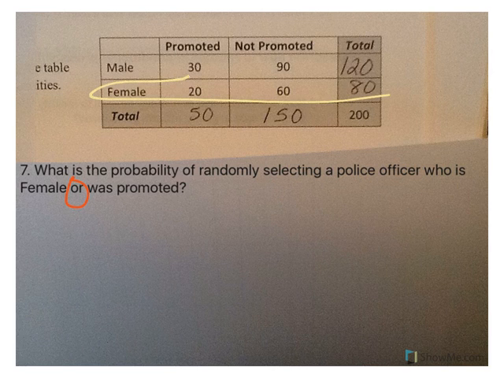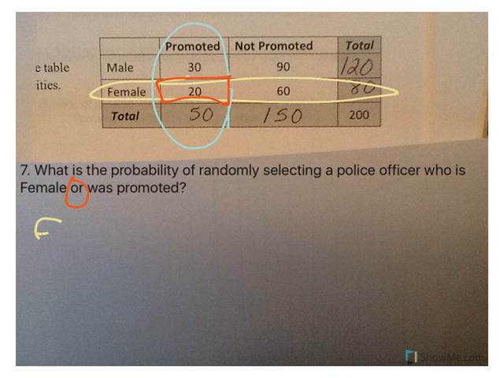So, here's females. If I add the females plus the promoted, you can see that the overlap is here. That number is counted twice. Because if I find the probability of a female, that's 80 over 200.